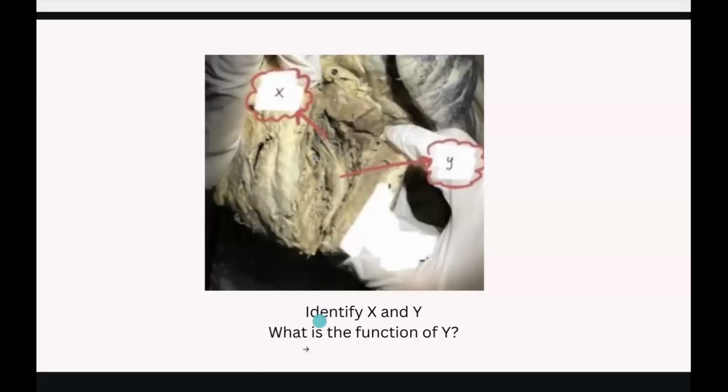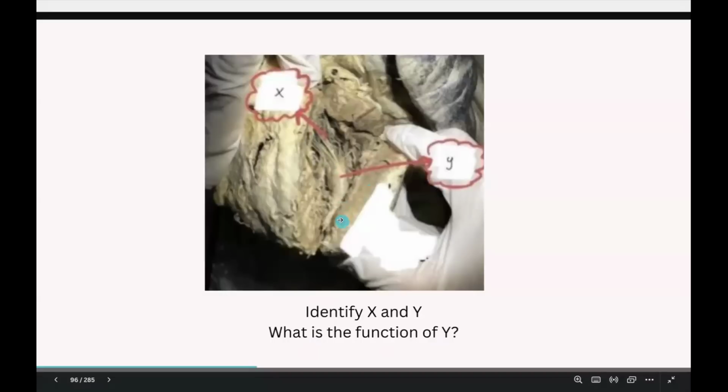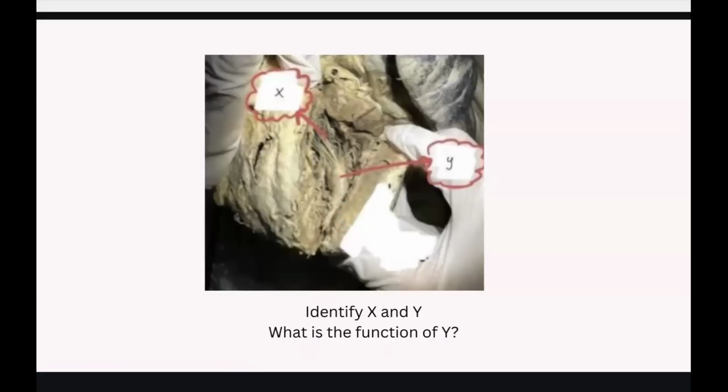Yep, exactly. And you know the function of the papillary muscle? To prevent the valves from bulging out. Yeah, so it helps to hold the valve when the ventricle is contracting. It helps to hold the valve so that it doesn't prolapse into the other chamber. And so it prevents blood from going back, basically.